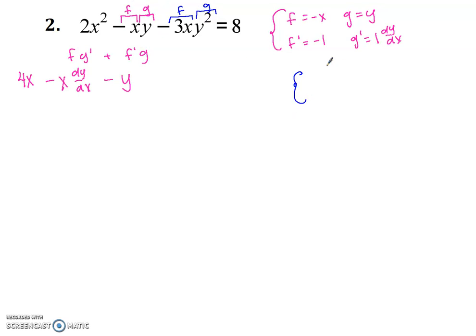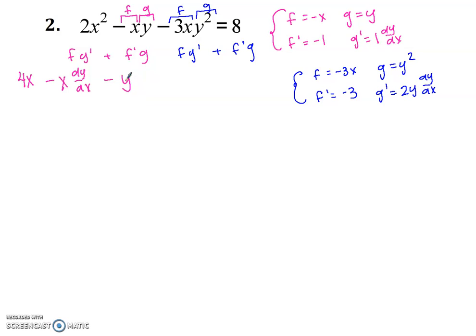So for that second one, my f is going to be negative 3x. So my f prime is negative 3. My g is y squared. So g prime is 2y, but tack on the dy dx since we took the derivative of something with a y. Okay. And now we'll have to do a second product rule for this term. Okay.